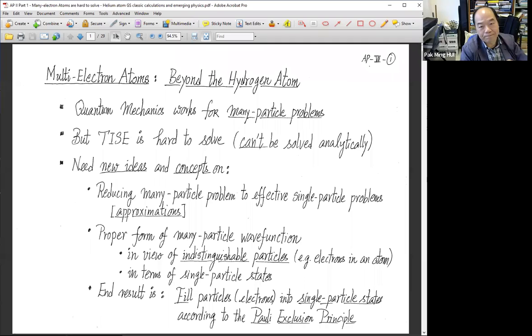For the interest of time, I would like to start the next part, just to set the stage for next week's discussion. So far, if we look at the whole periodic table, we have understood quite a bit about the first element, hydrogen.